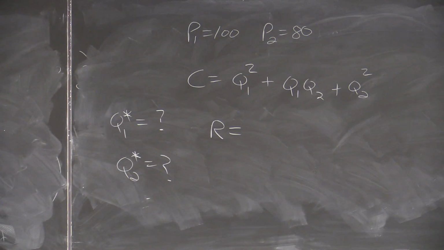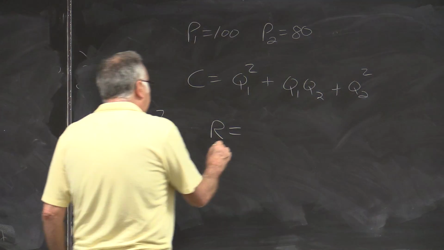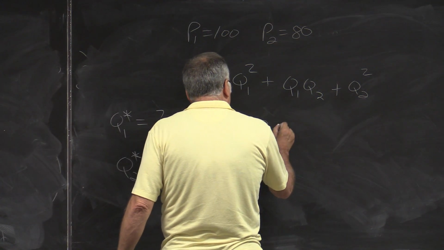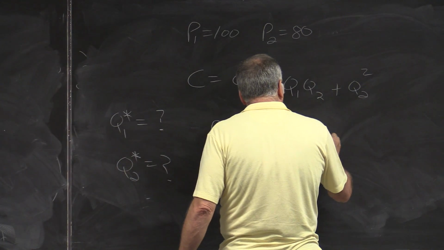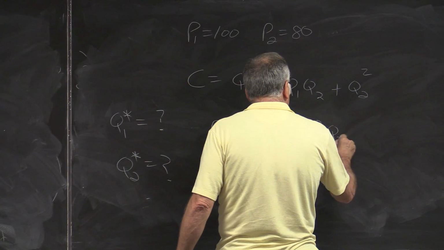So what would revenue be? Josh? Great, okay. It would be the revenue from selling product 1, which would be P1 Q1, plus the revenue from selling product 2, which is P2 Q2.